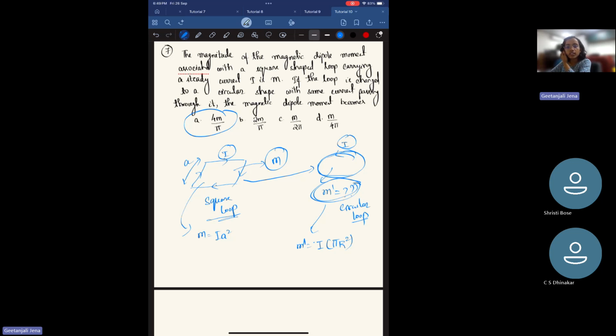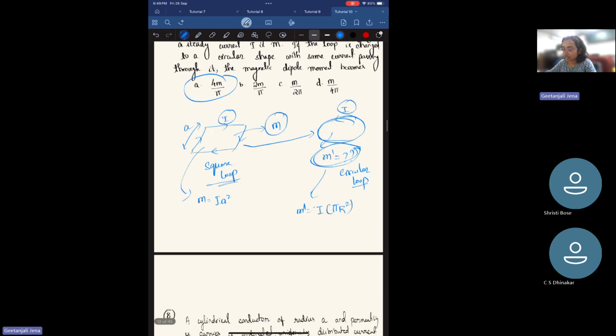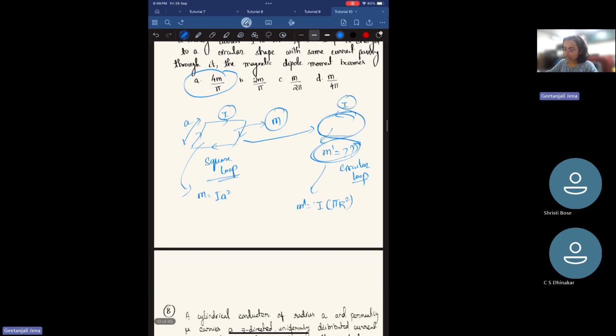We don't know the relation of r with a, but the same square loop is transforming to this circular loop, so the total length during this transformation should be the same. The total length here is 4A and the circumference here is 2 pi r.